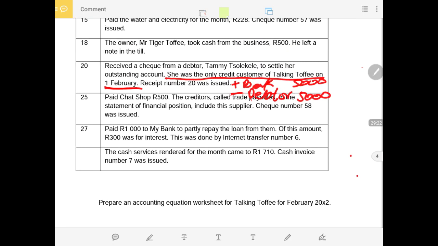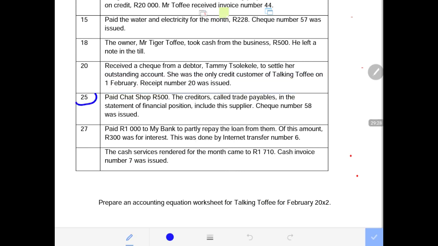Now we go to the next, and the next one is on the 25th. On the 25th, it says that we paid Chat Shop 500, the creditor.